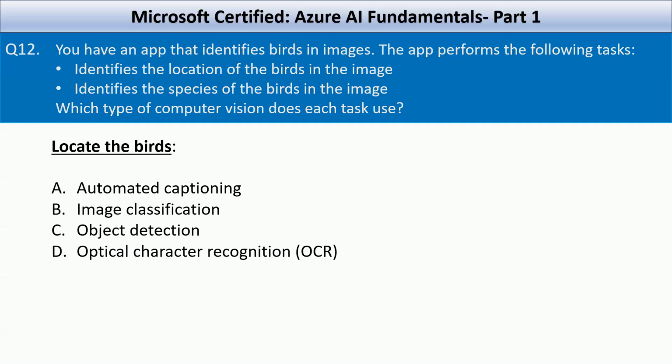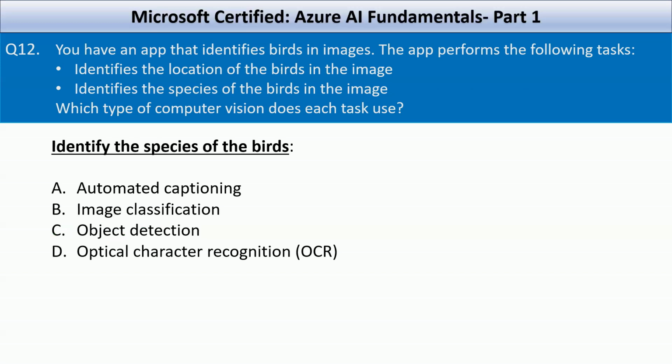And the first part of the question is talking about locate the birds, and your options are automated captioning, image classification, object detection, optical character recognition. Now, folks, you should use object detection for locating the birds, as object detection is used to identify and locate objects within an image by drawing bounding boxes around them. And in this case, the objects are birds.